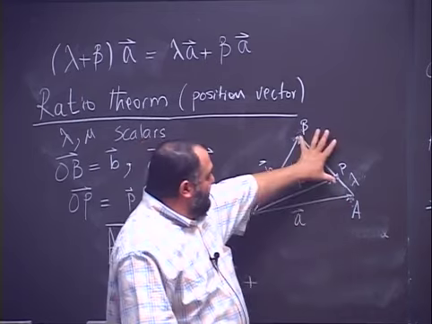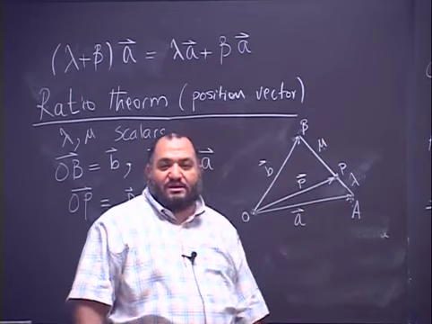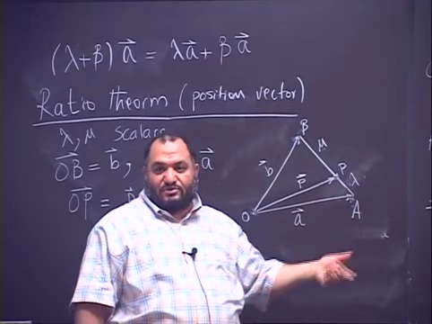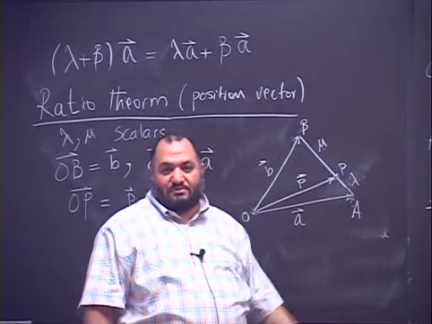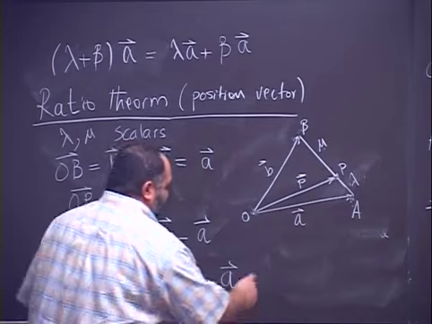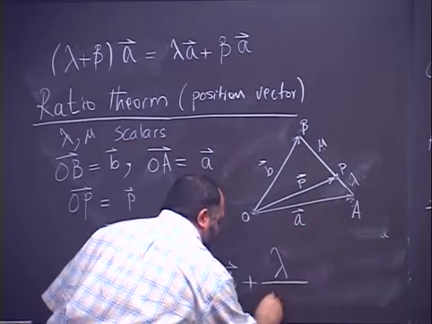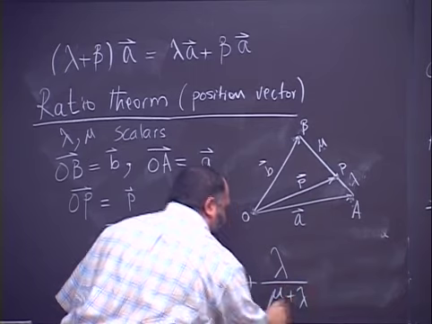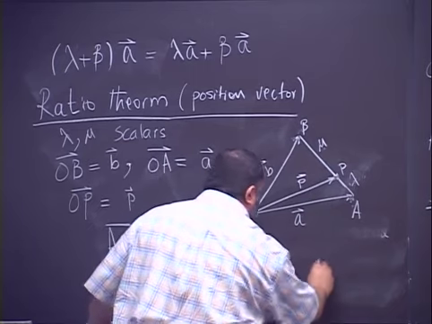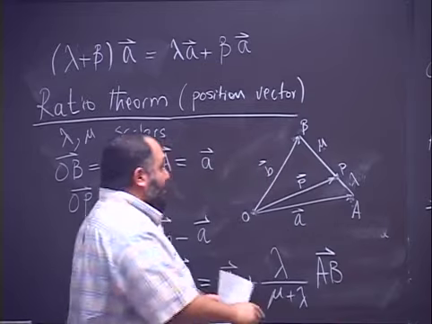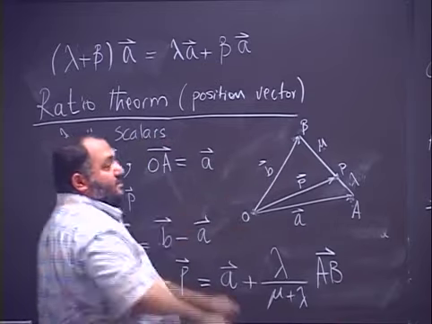If I multiply the fraction by the length AB, this will give me this segment, which is 30 centimeters. So this will be lambda divided by mu plus lambda multiplied by the vector AB. Are you done with this part here?